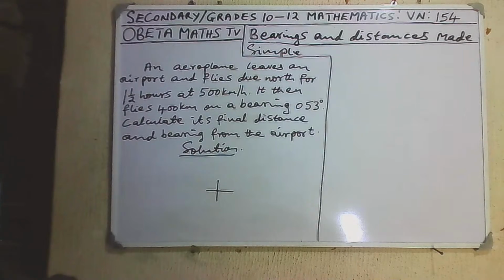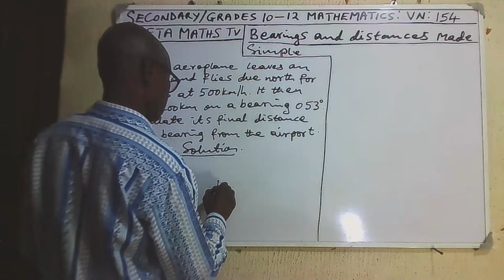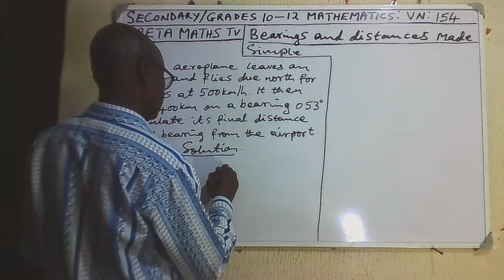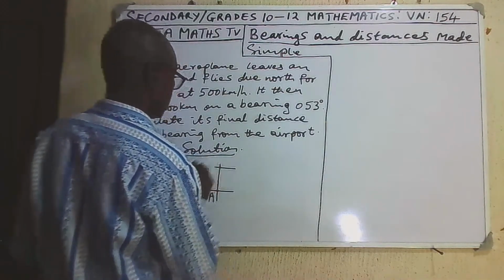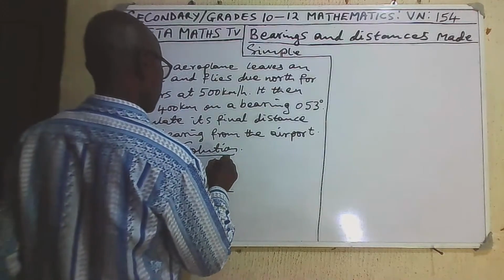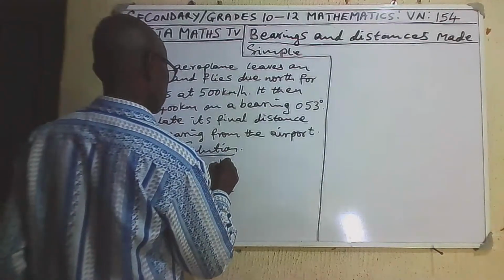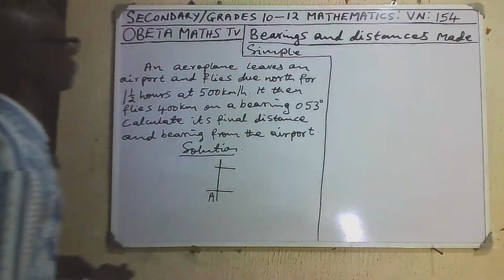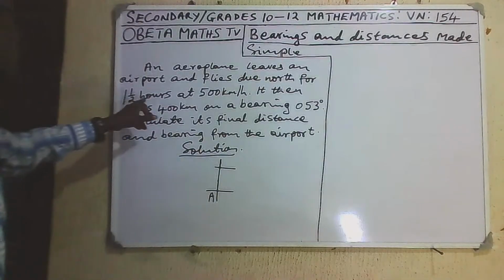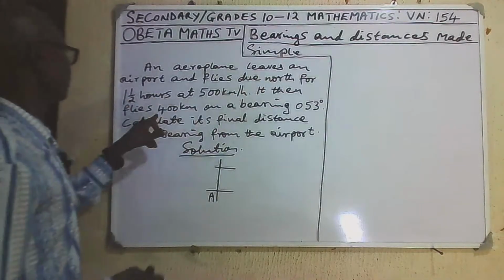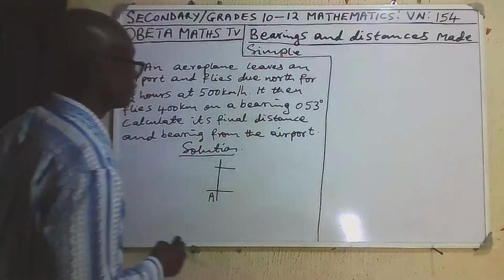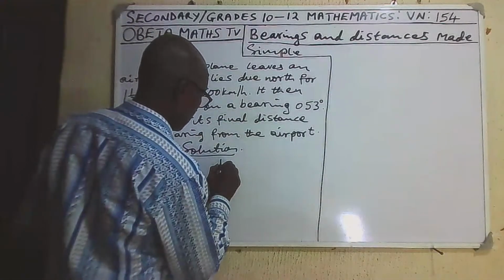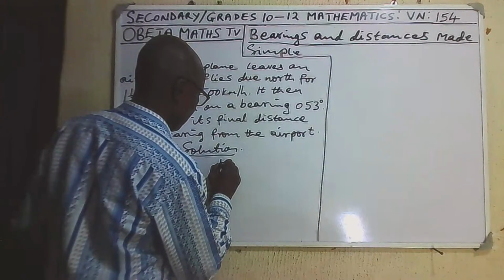That means let's take the airport, we'll use A to represent that. Then at a point, it stopped and started taking another direction. It flies due north for 1.5 hours at this. It then flies 400 kilometers on a bearing 053. So we have to indicate that from here.